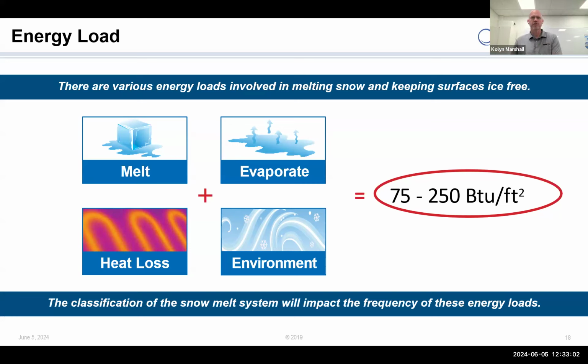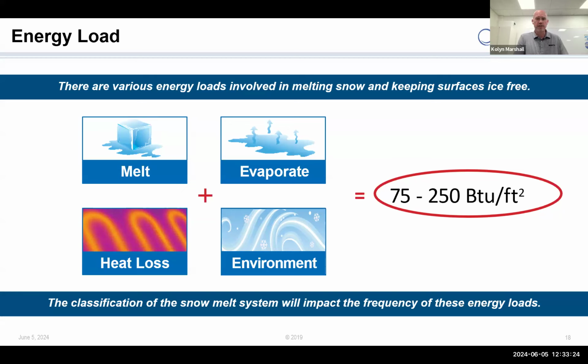With heating systems, I am retaining heat because I'm heating all the time. Anytime it drops below 65 degrees outside, I'm trying to maintain a heated environment, and that will last all winter long. Snowmelt systems operate half a dozen times a year.